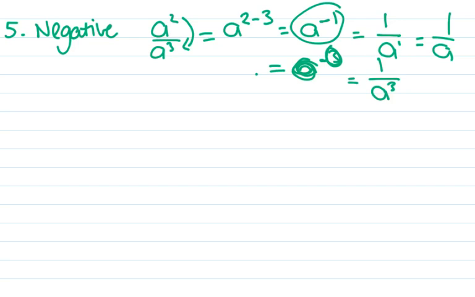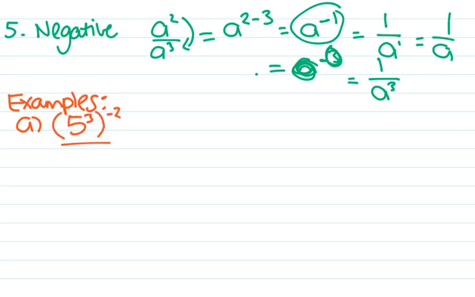All right, let's work through some examples here. A: (5 cubed) to the power of negative 2 over 5 to the power of negative 6. So in the numerator here, I have the power of a power.